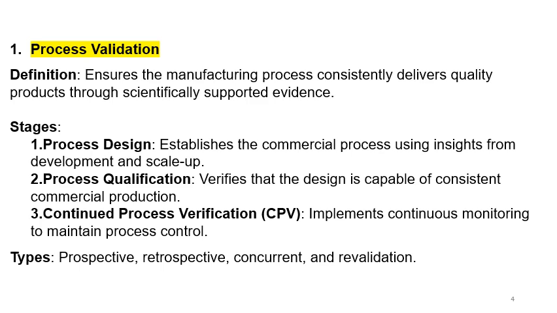Stages in process validation are process design, process qualification, and continued process verification. Process design establishes the commercial process using insights from development and scale up. Process qualification verifies that the design is capable of consistent commercial production, and continued process verification, that is CPV, implements continuous monitoring to maintain the process control.